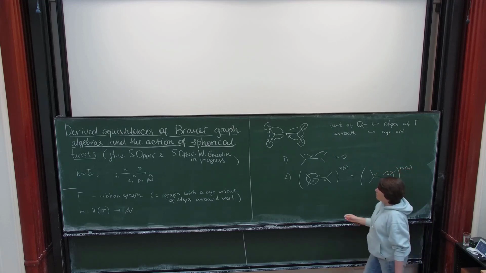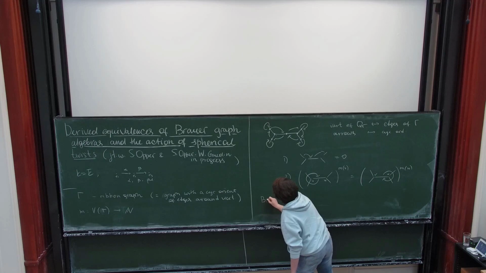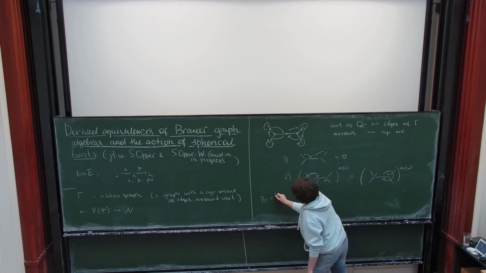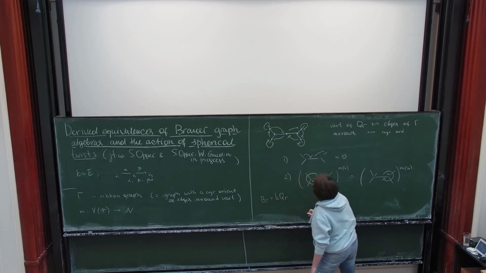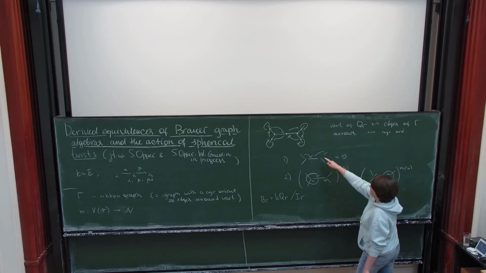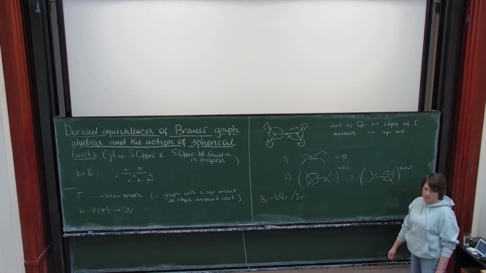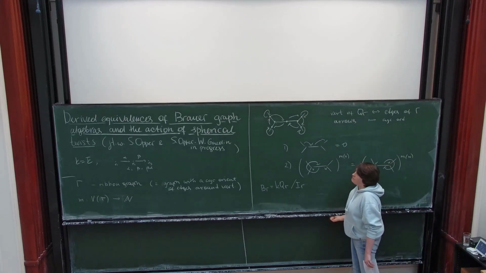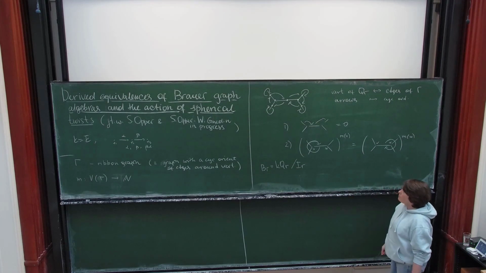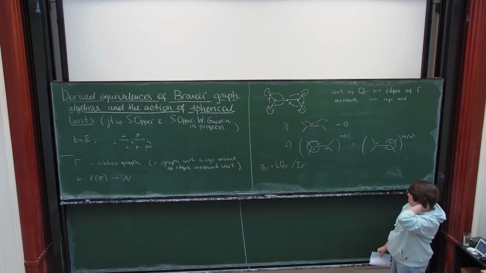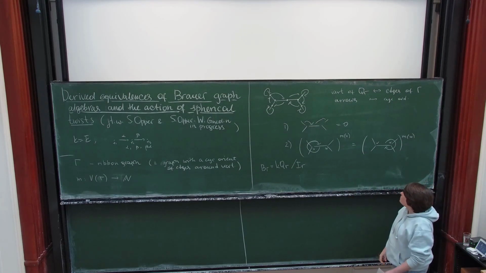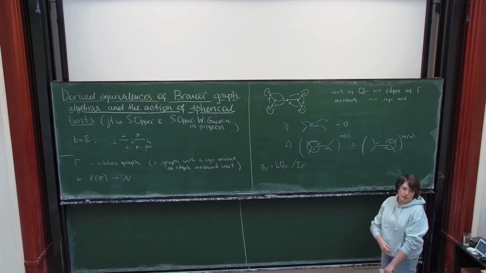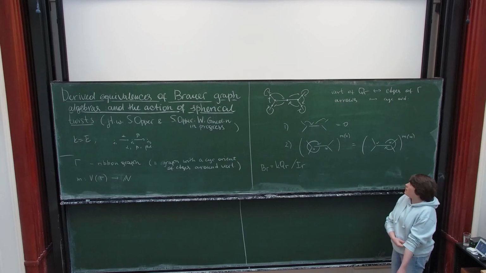and then a Brauer graph algebra of gamma is just going to be the path algebra of this quiver Q gamma with relations given by these two types of relations. This is a finite-dimensional algebra. These algebras first appeared in representation theory as blocks with cyclic or dihedral defect group, and they are very well understood.